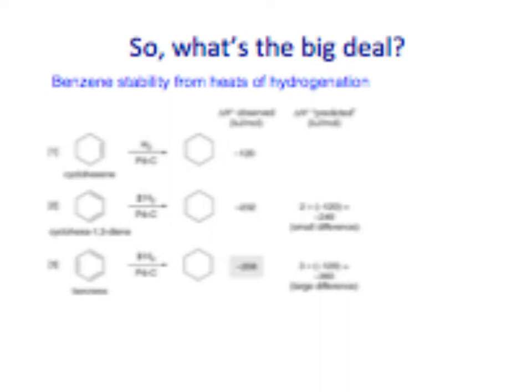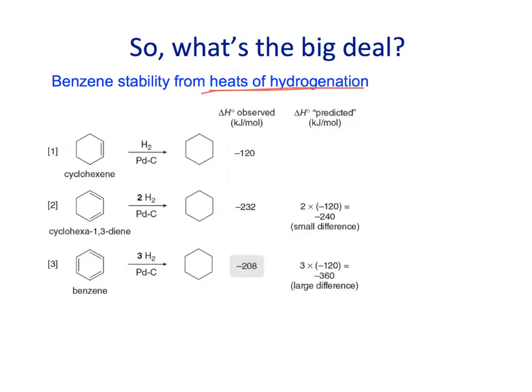And what we do, like you probably talked about when you were talking about stability of alkenes, is that we look at heats of hydrogenation. So we could take a molecule like cyclohexene, we react it with hydrogen and palladium on carbon, it does an addition reaction, hydrogenates that to give us cyclohexane, gives off some energy, okay?